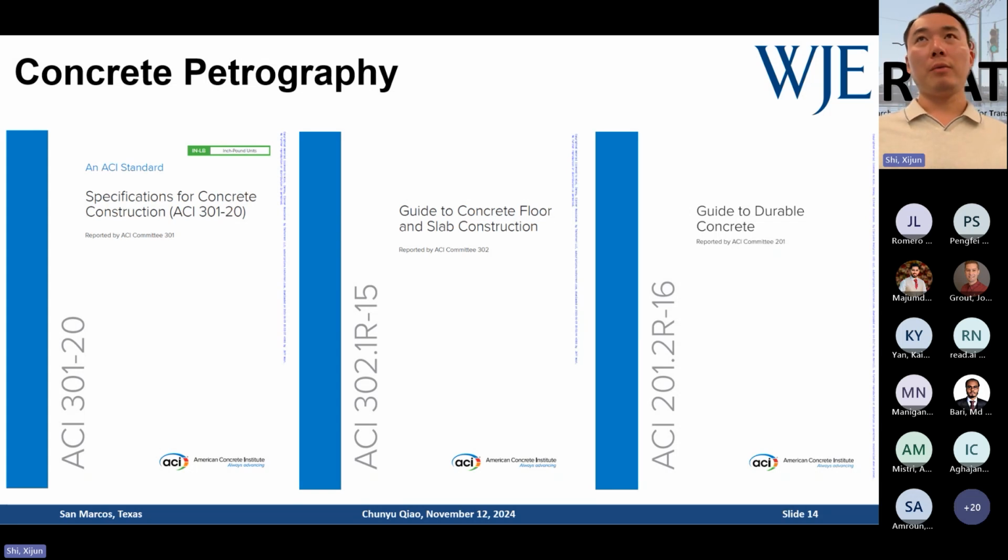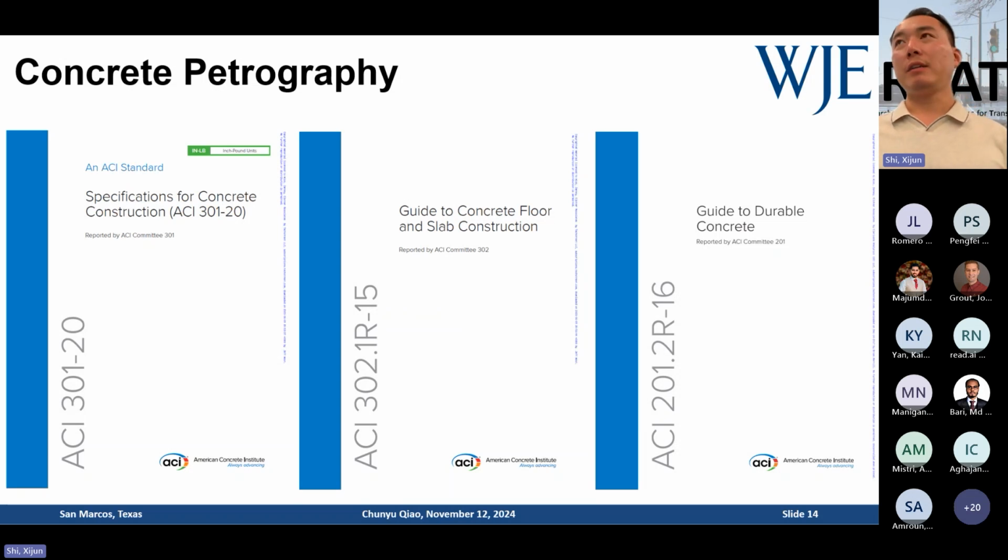The second major domain petrographers can work on is surface defects. Surface defects can be related to construction or finishing problems, or to long-term durability problems. For flatwork construction, a lot of those aspects have been well documented in ACI 302, Guide to Concrete Floor and Slab Construction, mainly for flatwork surface defects.